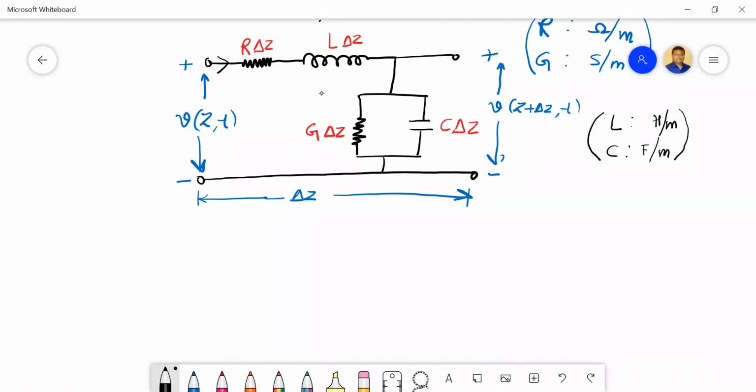So let us assume this is the current here, I of z comma t, and at this side the current is I of z plus delta z comma t. Fine. So now we have all the currents and voltages over this circuit. Now let us solve the circuit. Forget about all the electromagnetics. Now we have a simple circuit here, and we can solve it very easily.